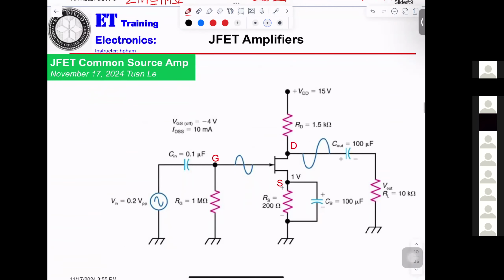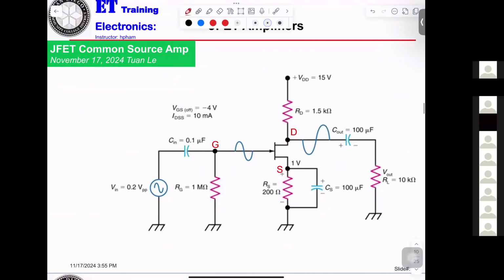Now on that one, they also give you the signal. This is the input here. This is the output. You see that? They will be out of phase, 180 degrees. That's it.